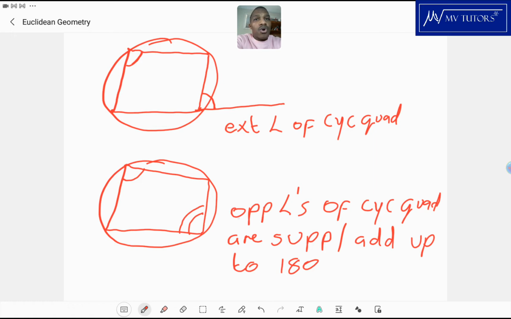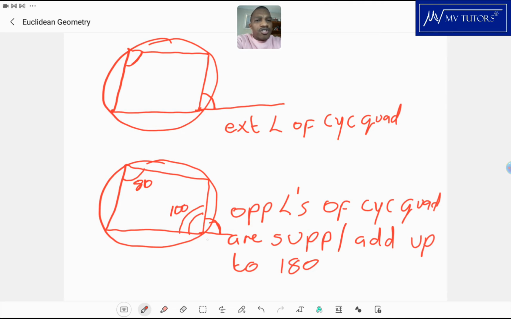So these two laws are actually connected, because you can prove that if you extend this line, this is a straight line. If the opposite angles are supplementary, then the external angle surely must be equal to the internal opposite, because as you know, a straight line also adds up to 180 degrees. For example, if this was 80 degrees, then this is 100 degrees.